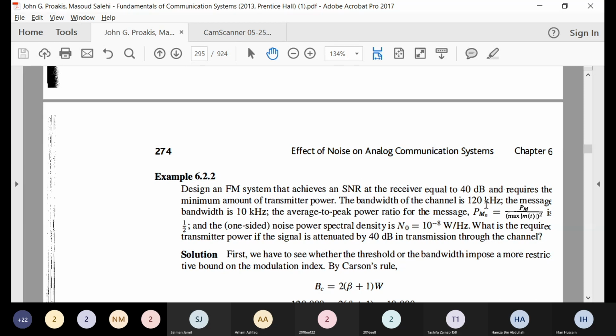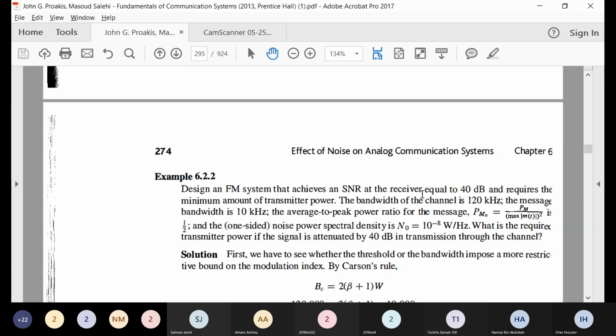But again, the constraints are there that the bandwidth of the channel is 120 kilohertz, the bandwidth of the message is 10 kilohertz, and the average to peak power ratio of the normalized message signal is half. What is the required transmit power?